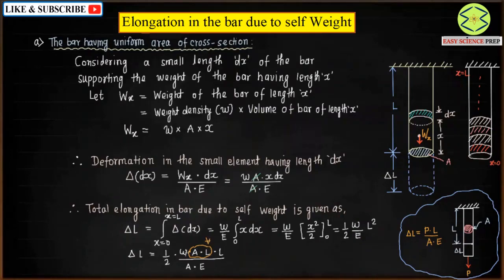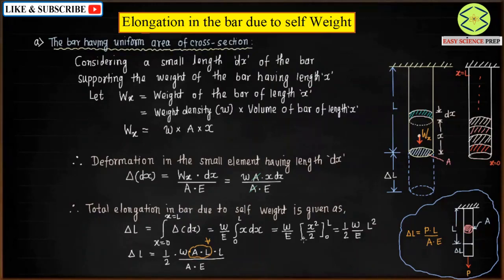So weight density into volume of the entire bar is going to be the entire weight of the bar. So it is nothing but W, that is the entire weight of the bar, into L by AE, right? Because area of cross section into L is the volume of the bar.